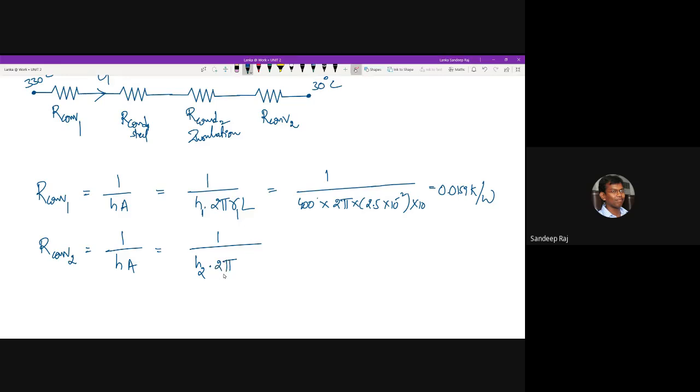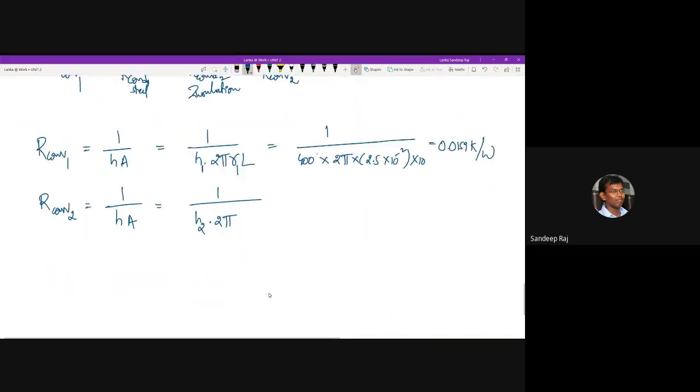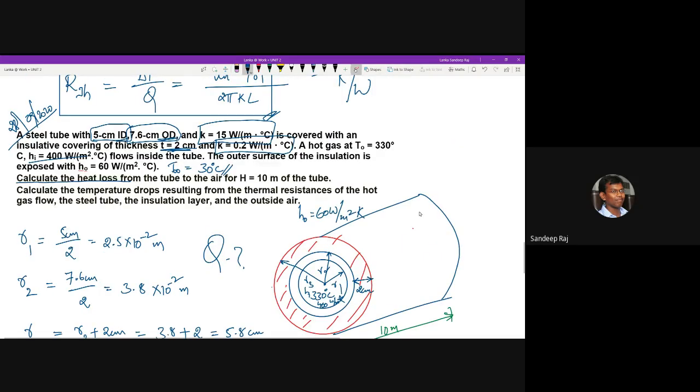Now for the other side, 1 by H2 times 2 pi and the radius. Whether you will take R2 or R3: it is R3 that is interacting with the atmosphere, so you should not take R2. You have to take R3 itself. Substitute R3 here into L. The H2 value given in the question is 60 watt per meter square Kelvin.